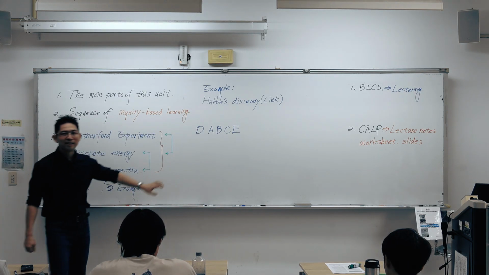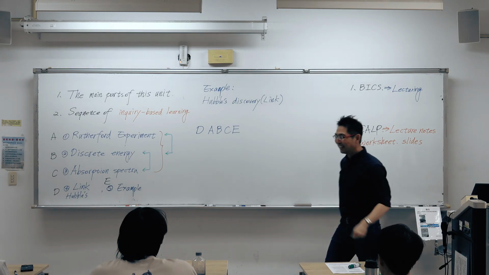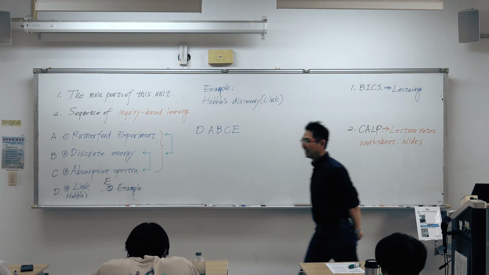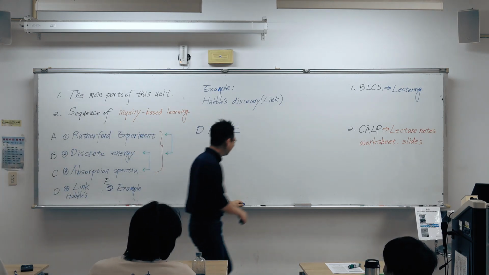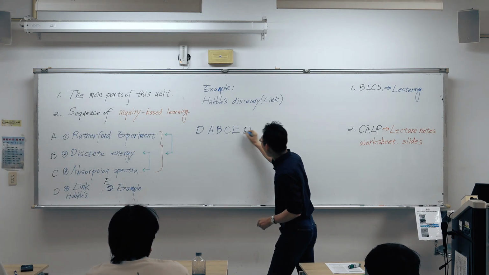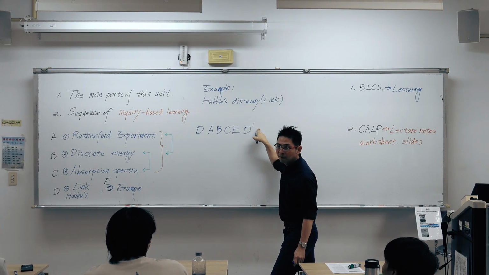So should I repeat D again or not? Or put D in the final paragraph? Maybe D, or some tailored D prime.